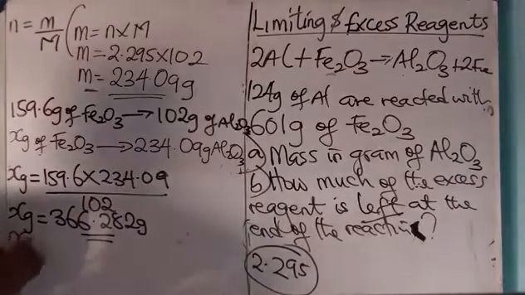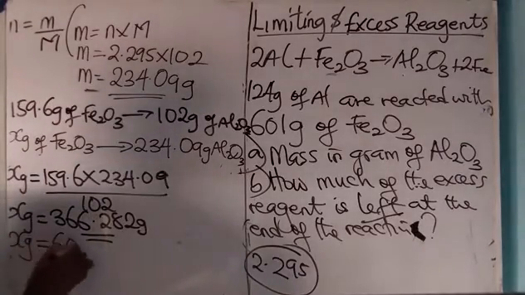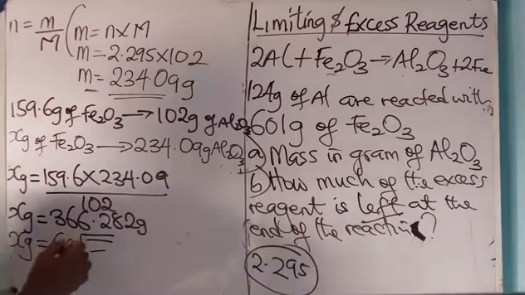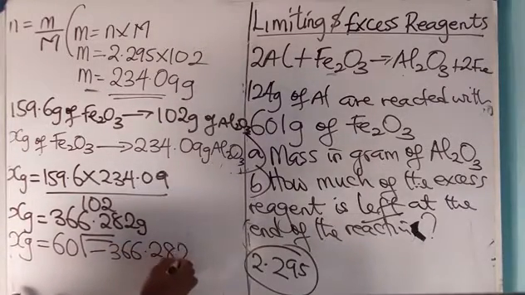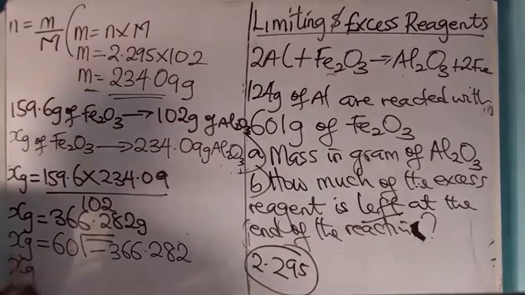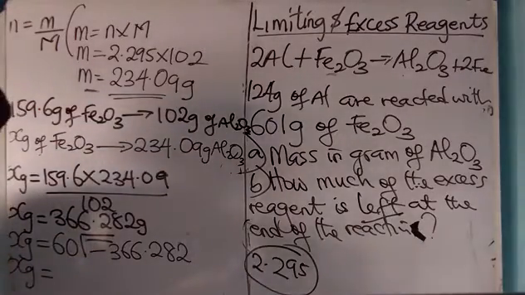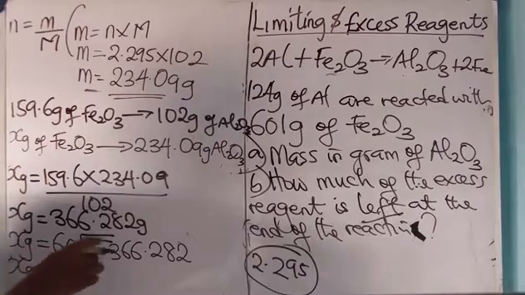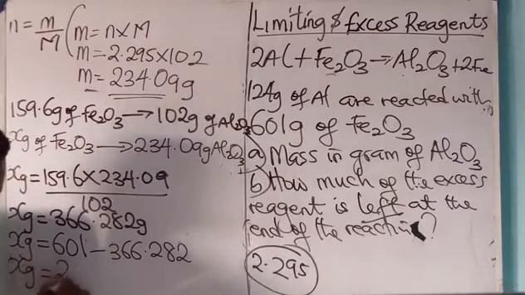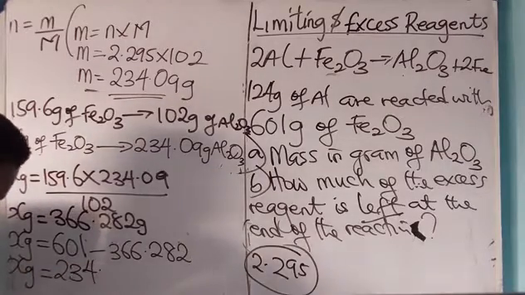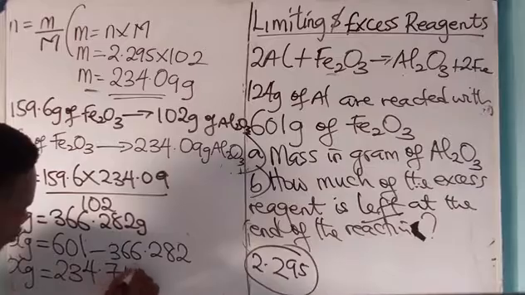So it means that S gram now equals 601 minus 366.282, which equals 234.718.